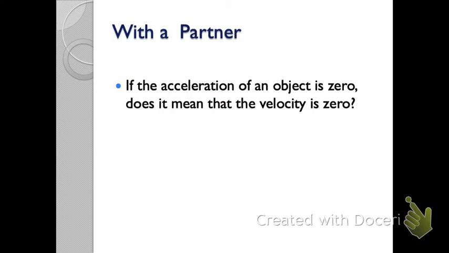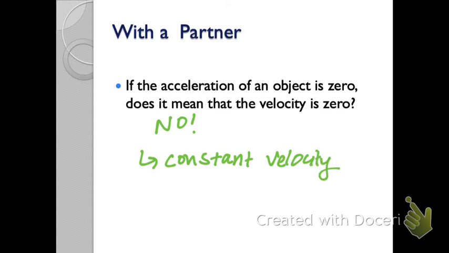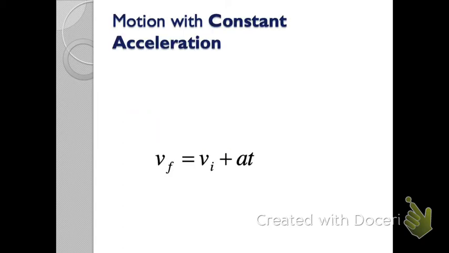What's an example of that? Bingo, right? If I'm at constant velocity, that means my acceleration is 0, but I'm still moving, okay? So this would be like if I have the cruise control set or whatever it might be, but if I have constant velocity, that means that I still have velocity, I'm still moving, but my acceleration might be equal to 0, okay? All right, very good.